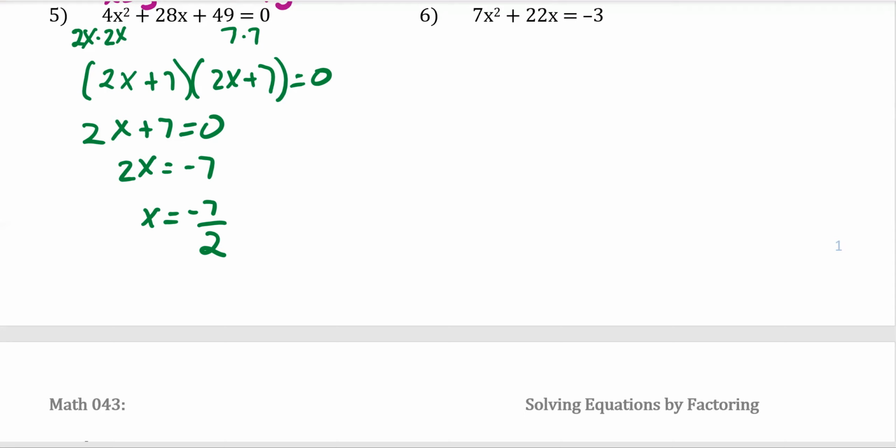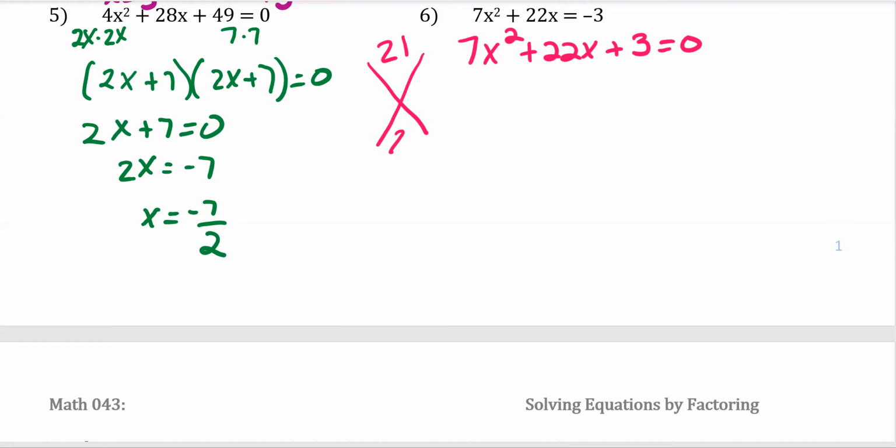Number 6. First, it must be equal to 0. So I added 3 to both sides. Use the AC, 7 times 3. The factors of 21 that add to 22, 1 and 21. So we can factor by grouping.